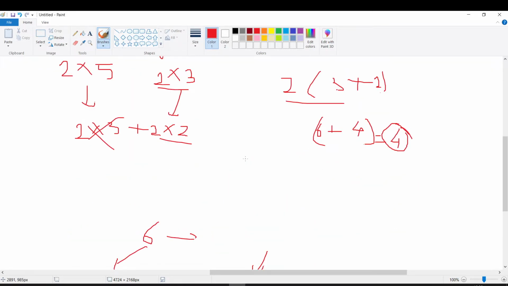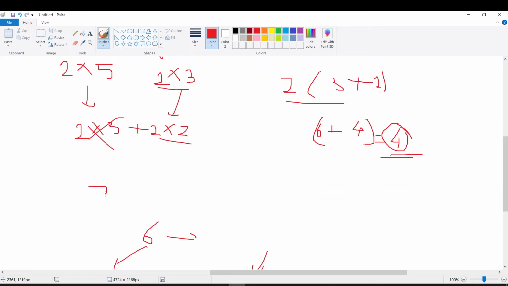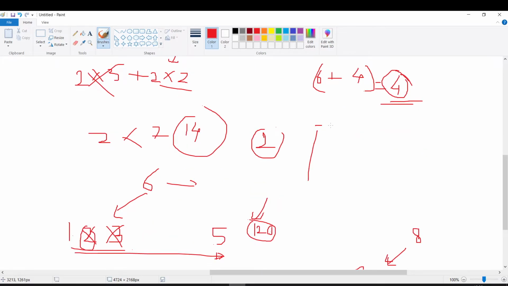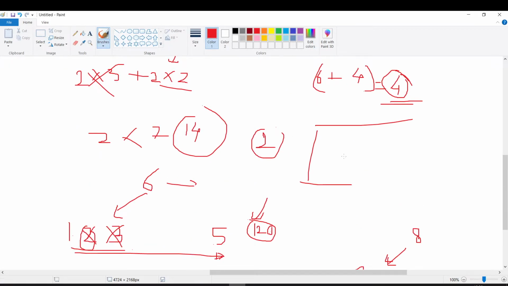Okay, I'm very much confused. 2 into 7 is 14. So 14 modulo 6 is 2. Okay, so is it always 2 and then 4, or can there be any other repetitions?